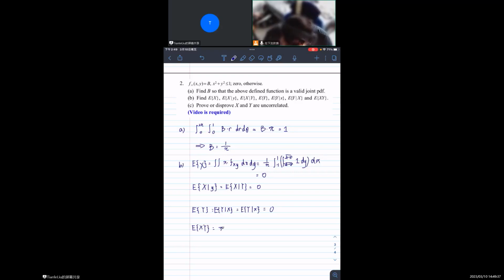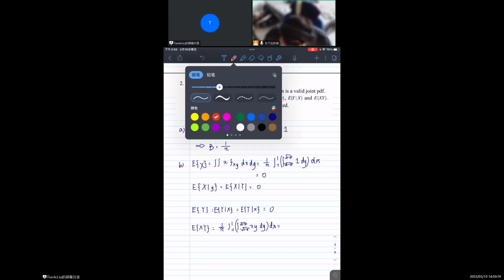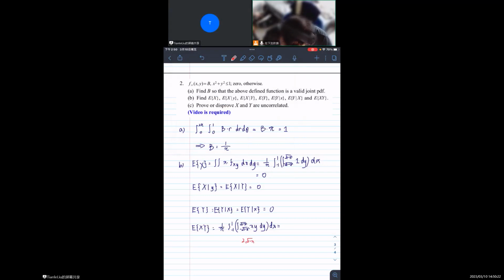also based on the clues, we will have this one. And based on the clue, if we separate it using y and x, if we take out the x, we will do the integral of y, which turns out like this one, right?